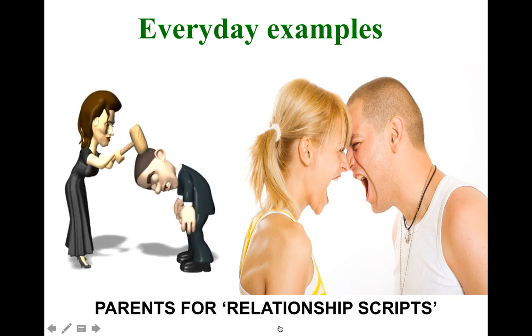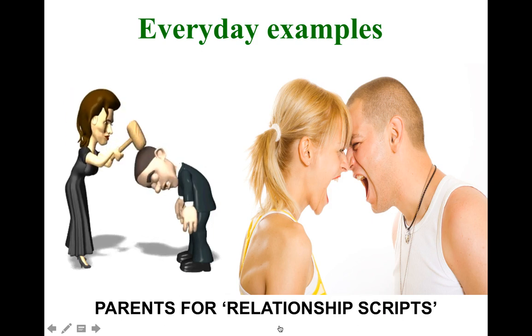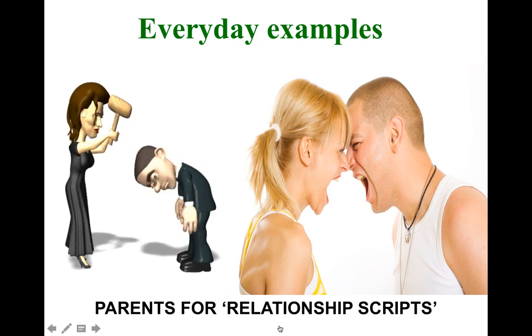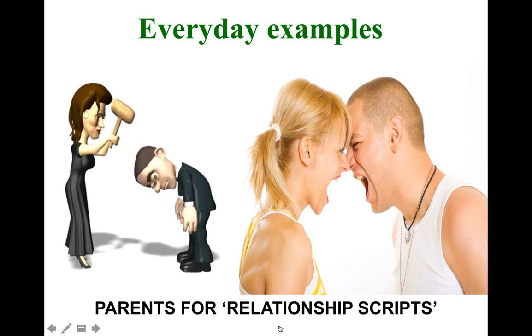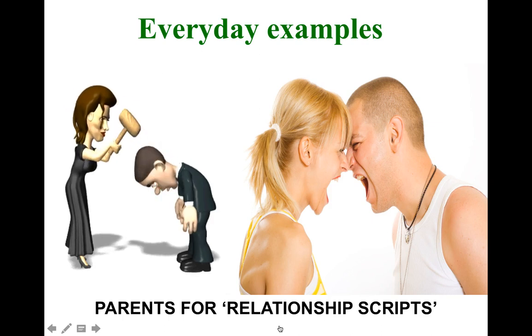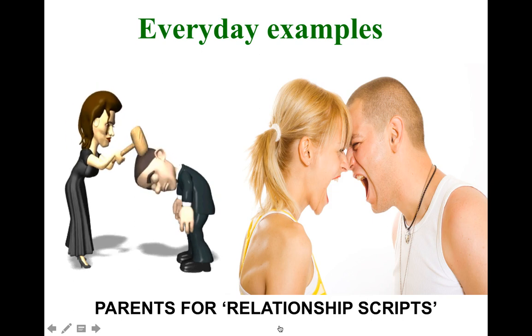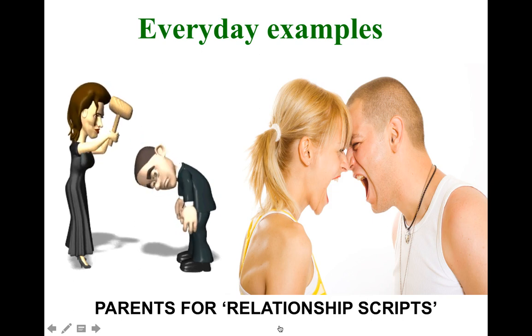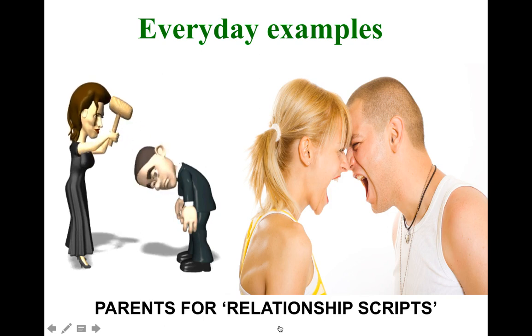So often we interact in our personal relationships similar to how our parents treated and interacted with each other. If there was verbal abuse in their relationship, there's a high chance that you would be in a relationship with similar types of interaction.